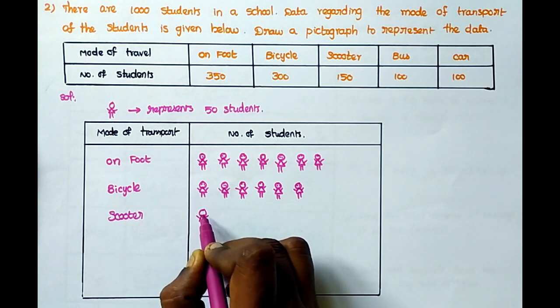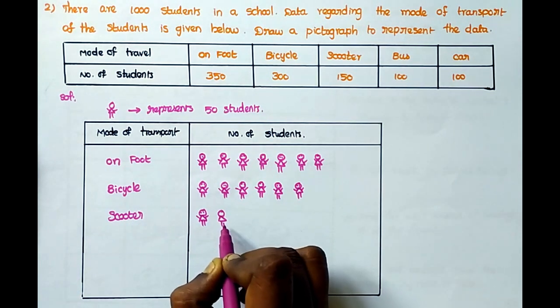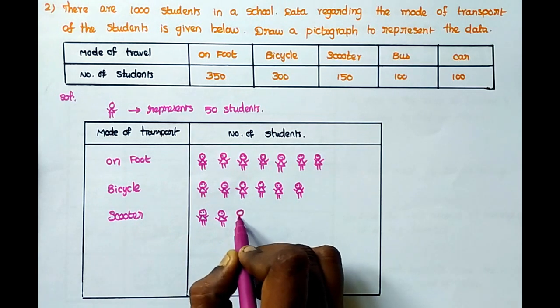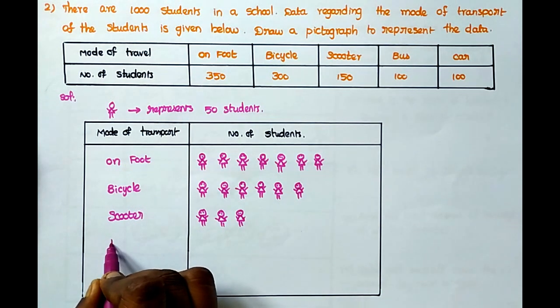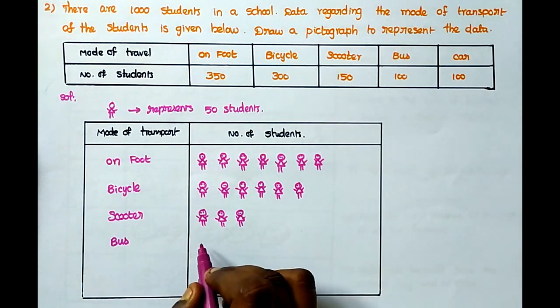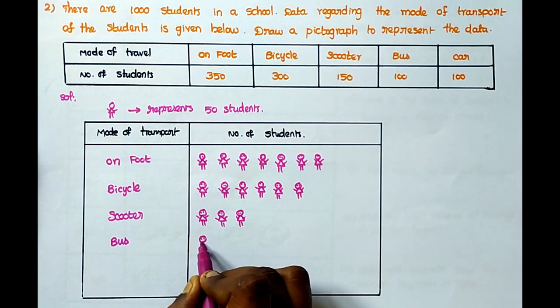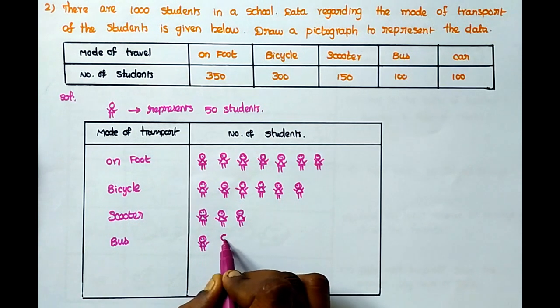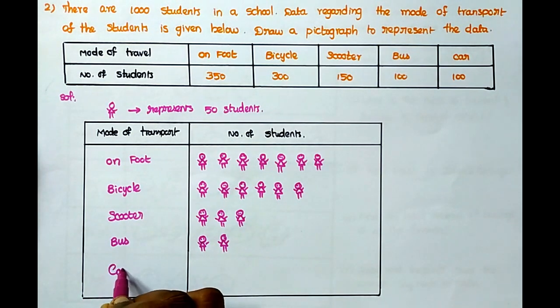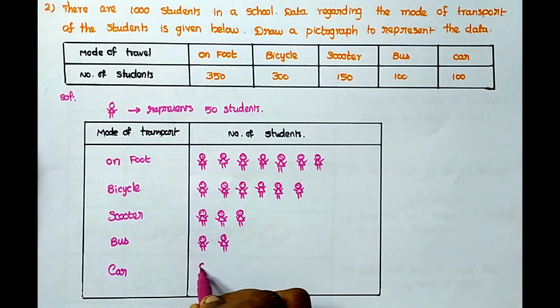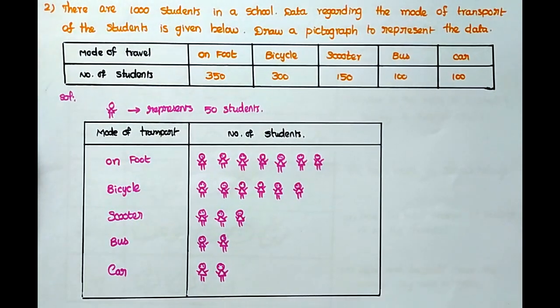So 3 50s are 150. Next one, by bus. How many students? 100. So 2 pictures is enough. Next one, car. That is also 100. So that is the pictograph for this data.